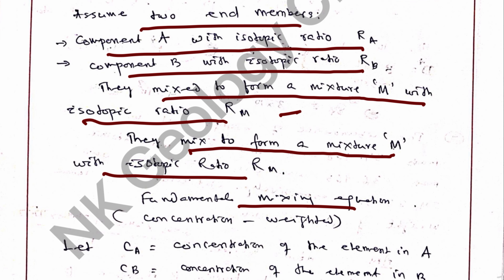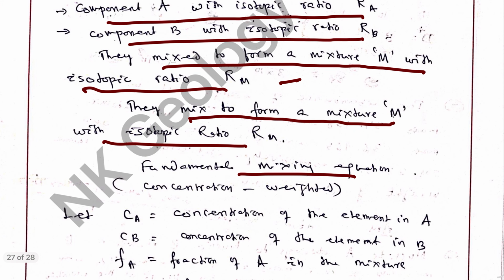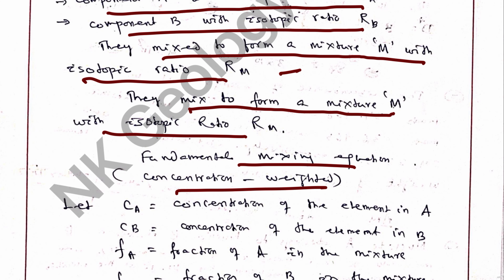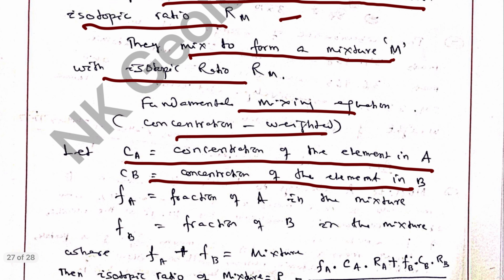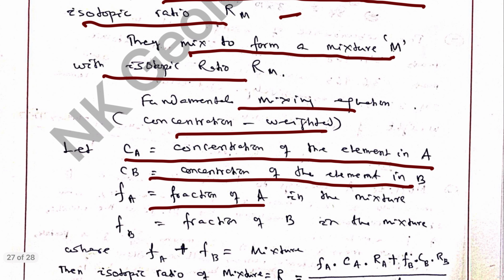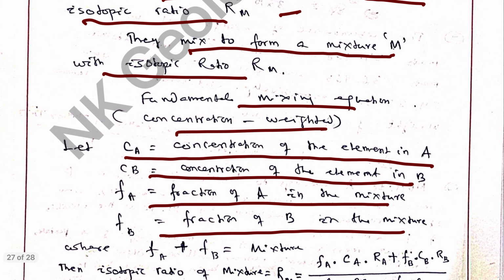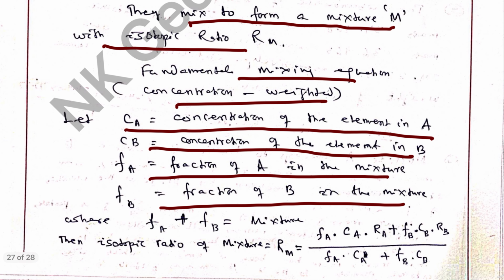So the fundamental mixing equation, let us find out. The concentration is weighed. Let Ca be the concentration of the element in A, Cb the concentration of the element in B. Fa is the fraction of A in the mixture, Fb is the fraction of B in the mixture, where Fa plus Fb is the total mixture.